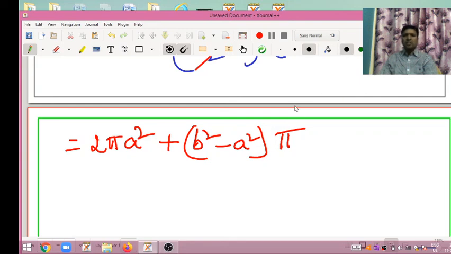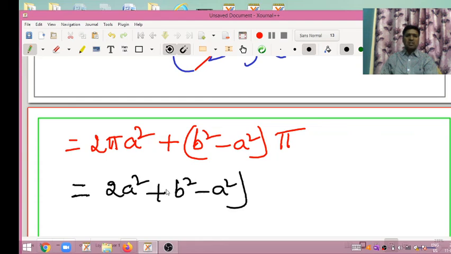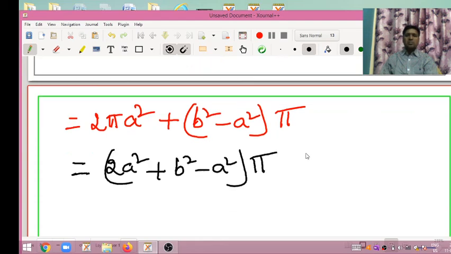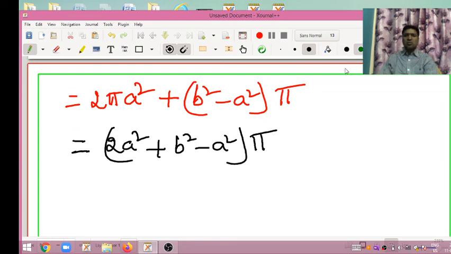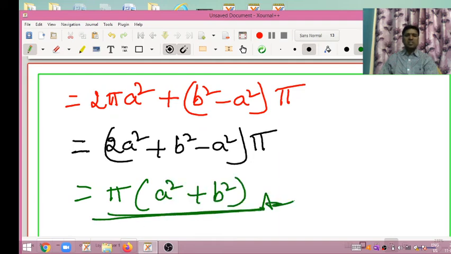So pi into 2a square plus b square minus a square, that is equal to the final answer: pi into 2a square minus a square plus b square. This is the final answer, my dear friends.